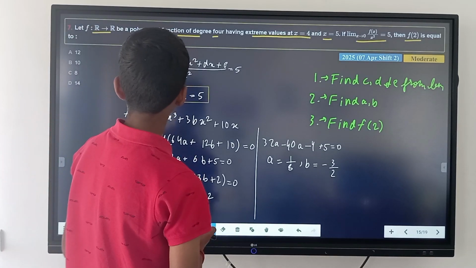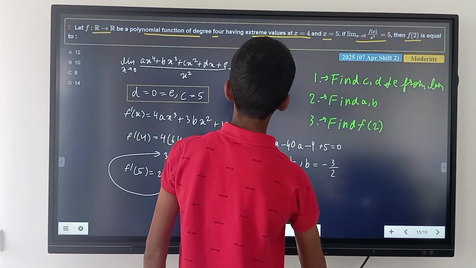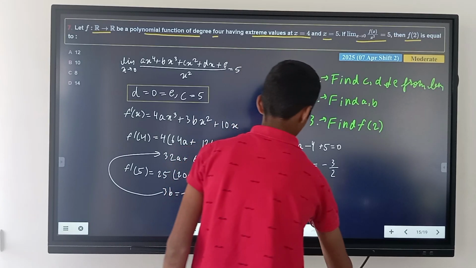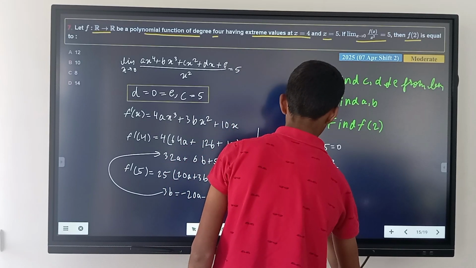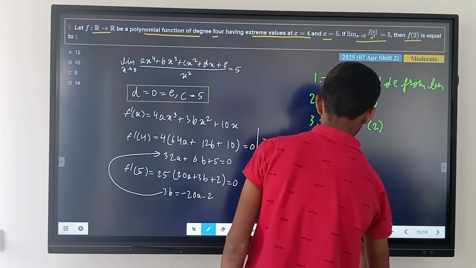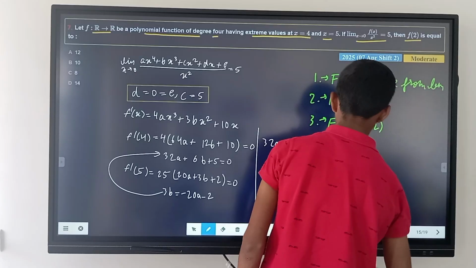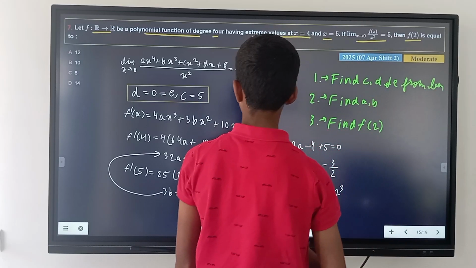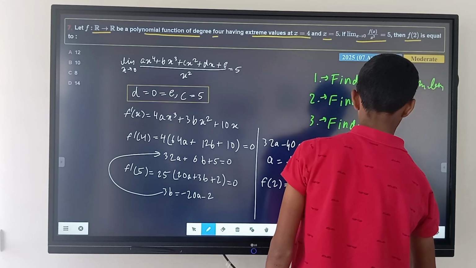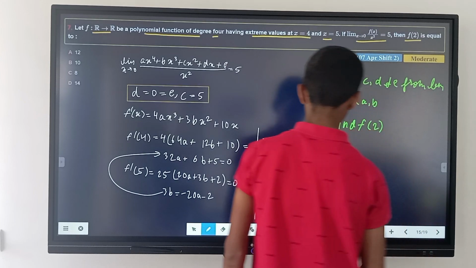So from here, our f dash 2, or no, we need to find f of 2. F of 2 will be 1 upon 8 into 2 raised to power 4 minus 3 upon 2 into 2 raised to power 3 plus 5 into 2 raised to power 2.